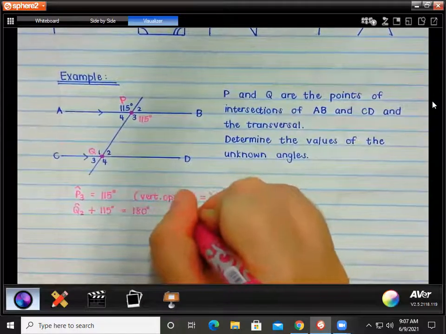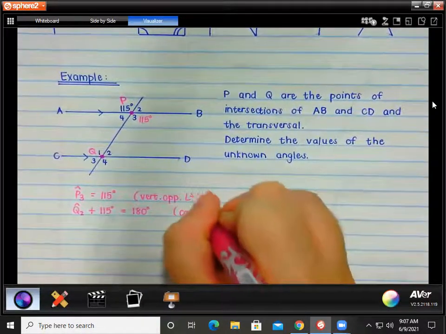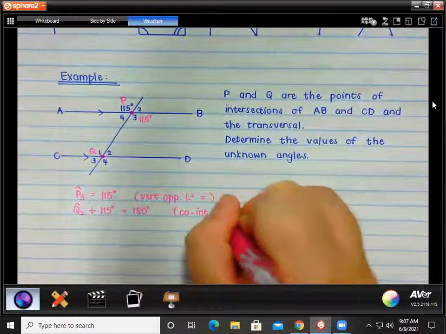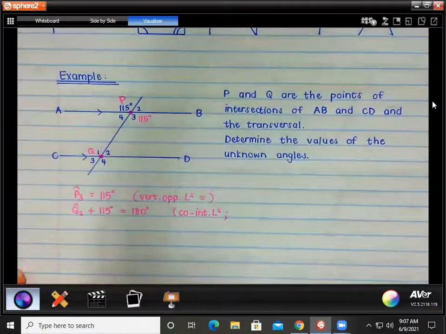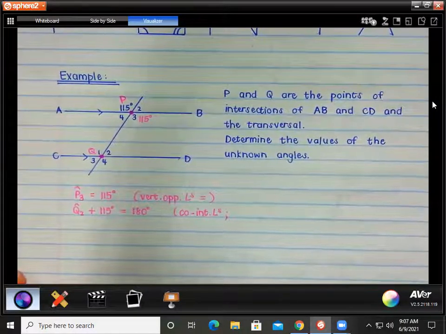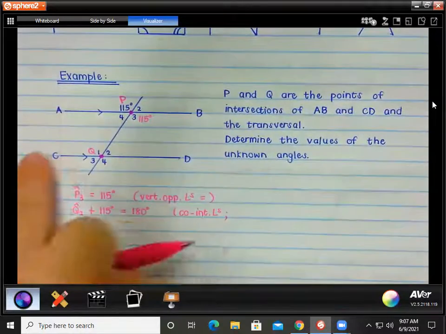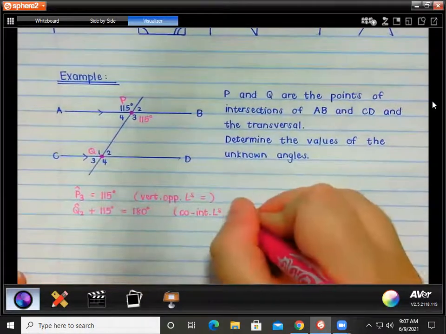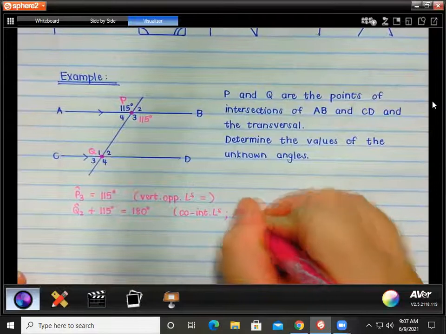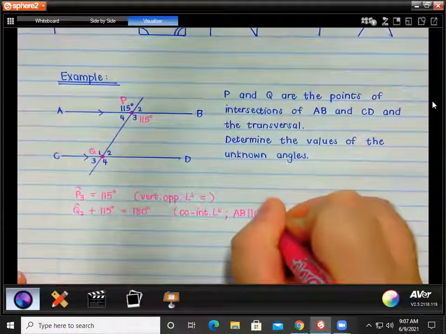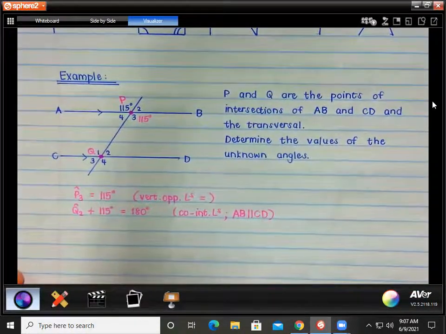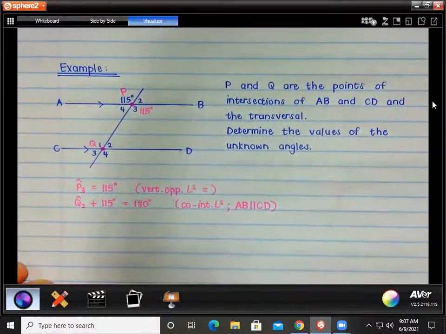Then, guys, as soon as you're using that rule, you need to write the reason down. So co-interior angles. And now we also need to state which lines are parallel. So AB is parallel to CD. Guys, if they didn't tell us that those lines are parallel, we couldn't use co-interior angles. Okay? That's very important.